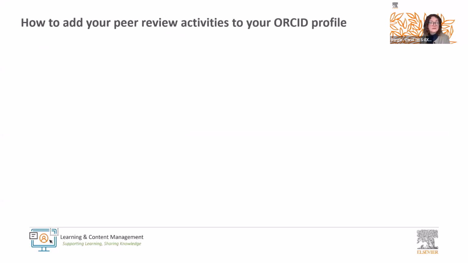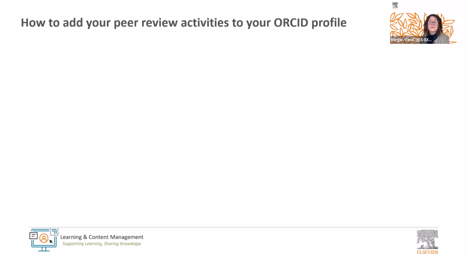Okay, next I wanted to talk about how to add your peer review activities to your ORCID profile. So for those of you not familiar with it, ORCID stands for Open Researcher and Contributor ID. It's a not-for-profit cross-publisher organization that strives to enable transparent and trustworthy connections between researchers, their contributions, and their affiliations.